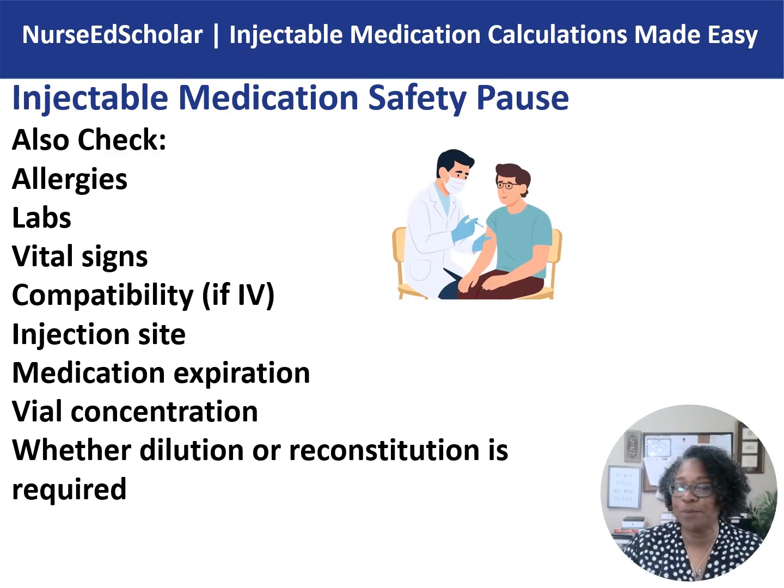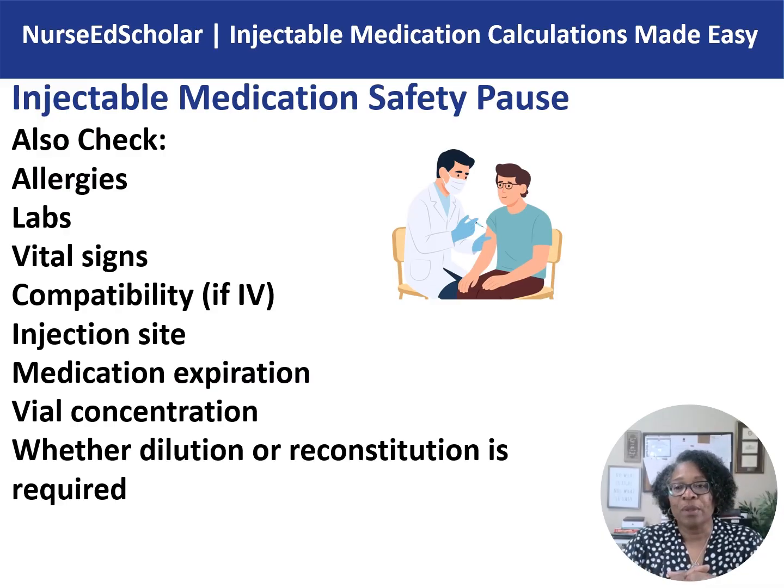Before you give any injectable medicines, you definitely want to check the allergies, labs associated, vital signs, compatibility of IV. One thing you're going to learn is that certain medicines you can't give together because they'll produce a precipitate. If you mix two medicines together, it'll get cloudy, and you're like, that wasn't supposed to happen, right?